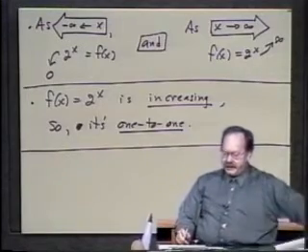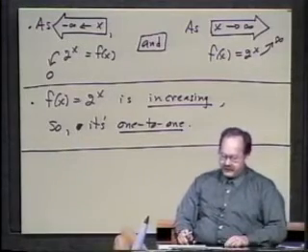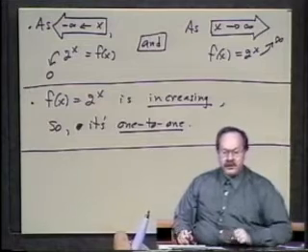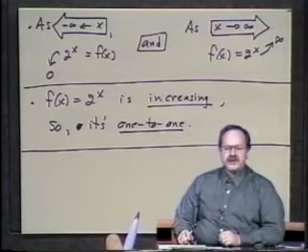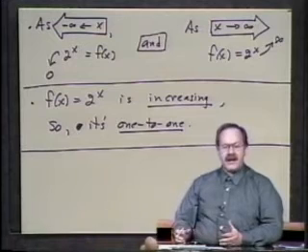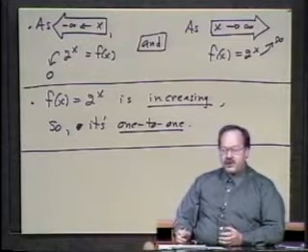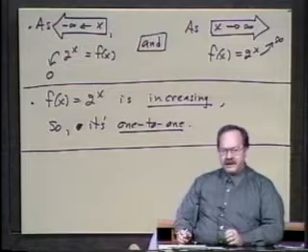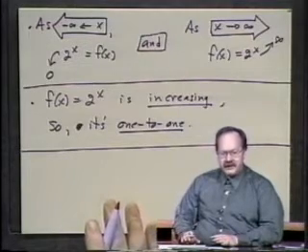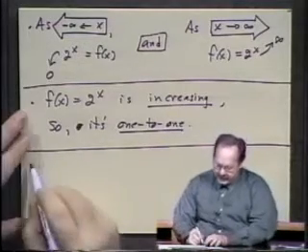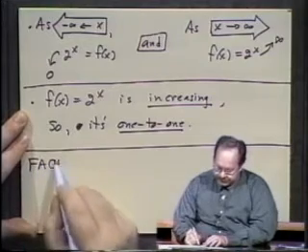Well, that's great. Now we have all this information, and now I'm going to give you something even more interesting. 2 to the x is representative of the entire class of exponential functions whose base a is greater than 1. Everything we've just said about 2 to the x is going to apply to those. In fact, let me write that down as a fact.